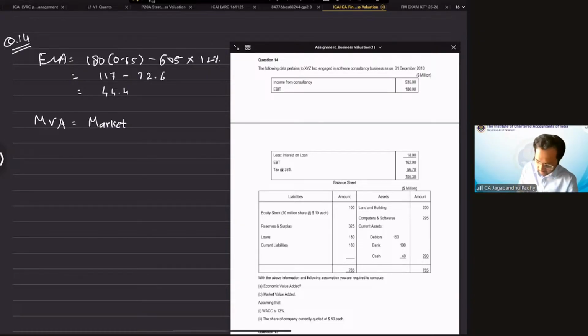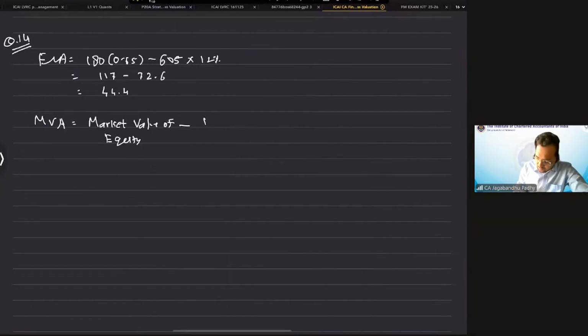So it's going to be simply the market value of the company, or you can say the market value of equity minus the book value of equity.